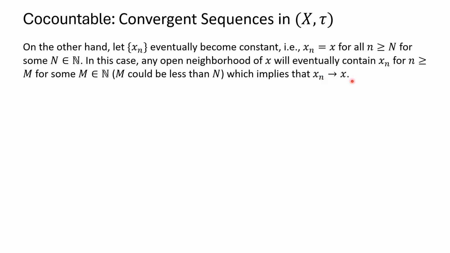So this is just a matter of showing that a sequence that's eventually constant fits the definition of convergence. So all convergent sequences in this co-countable topology eventually become constant. We're going to use that for our counterexample.